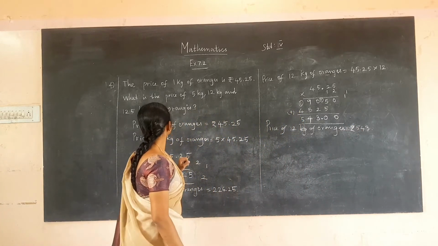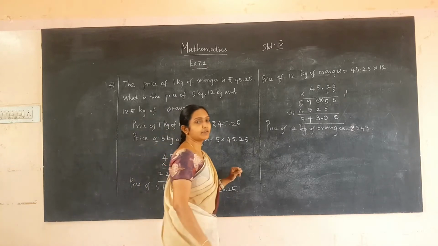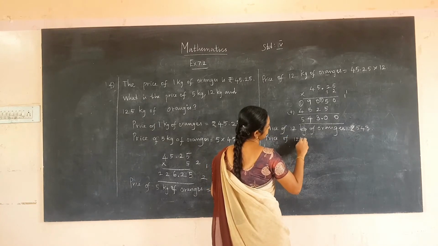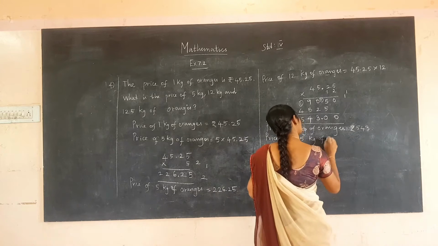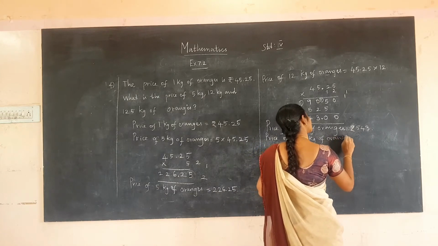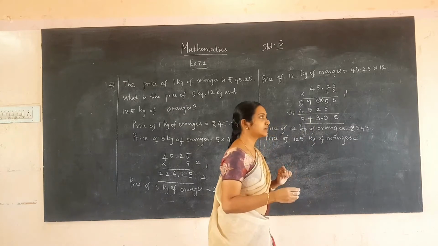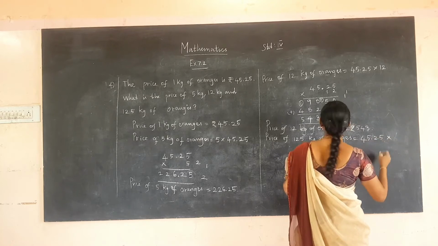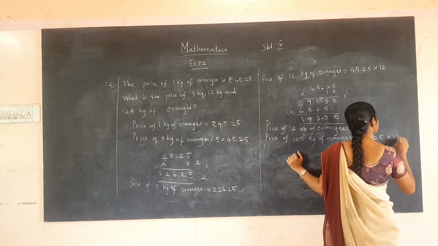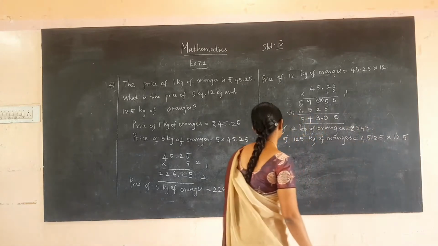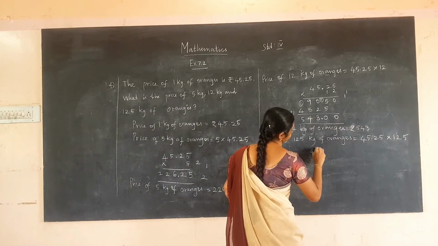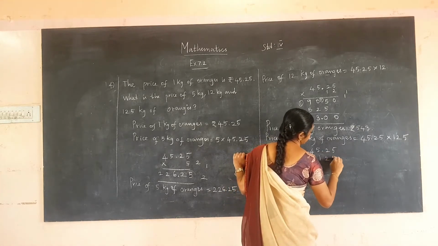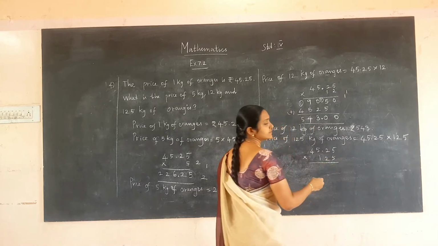Next we have to find the price of 125 kg of oranges. So we have to multiply 45.25 into 125. 5 into 5 is 25.